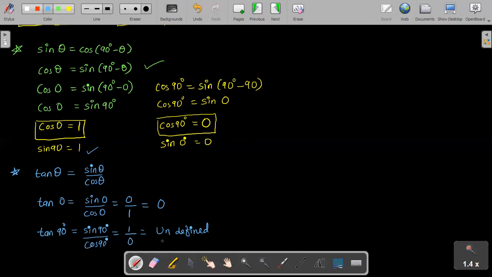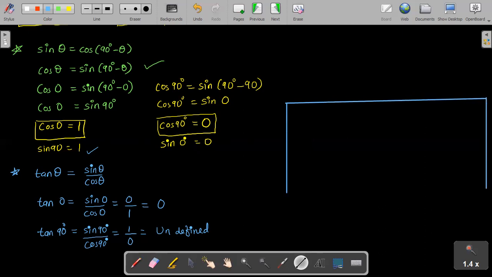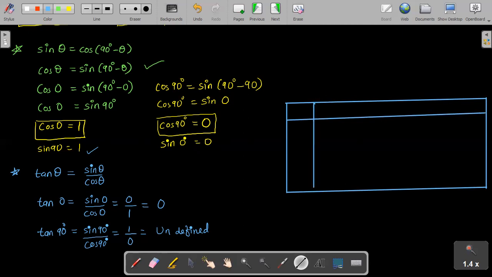Okay, so these are the values we know. Let me just draw a table and recollect and write the values. If you remember this table well, you can easily solve the questions from this topic. So here, let me just write. This is for sine, this is for cos, and this is for tan.